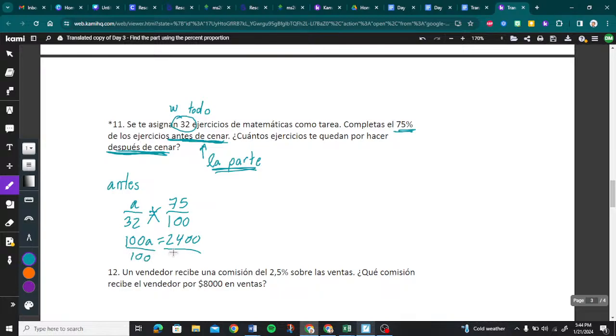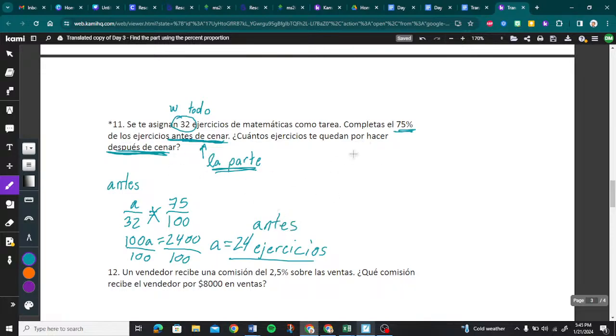We divide by 100, and 24 ejercicios, but that is antes de cenar.